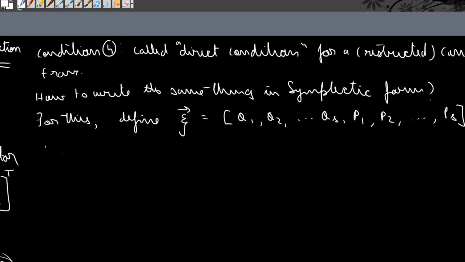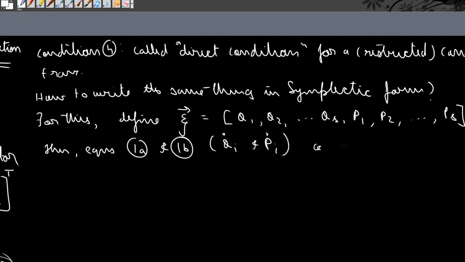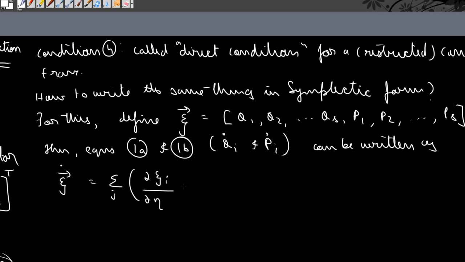Here, equations 1a and 1b, that is, the relations for qi dot and pi dot, can be written as psi dot equal to summation over j of dou psi i by dou eta j times eta j dot, where eta is the vector whose components are the old coordinates and momenta.